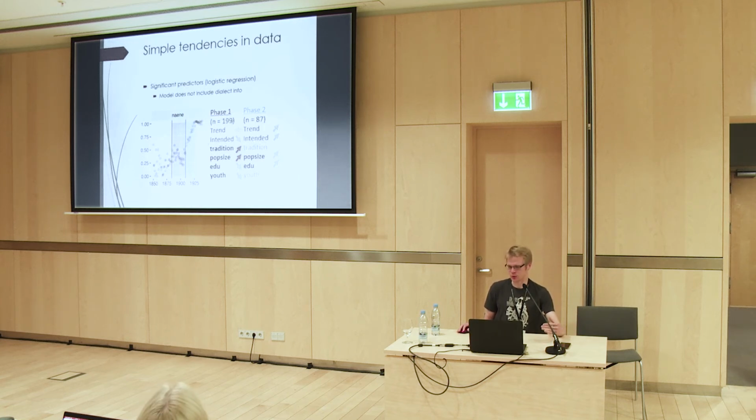So, for example, from this model with 200 people, the trend was flat, and the intended change was downwards, and you can see it's sort of going downwards.